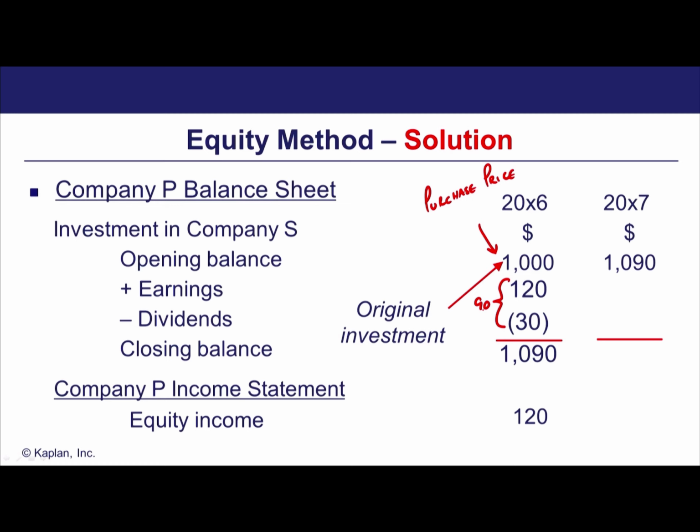So let's have a look at 20x7. Our starting point, of course, is the finishing point for x6, so the investment value at the x6 balance sheet. Then again, we're going to bring in our share of its net income, so 30% of 600, which is of course 180, minus our share of its dividend, 45, to give us a closing balance sheet investment of 1,225.